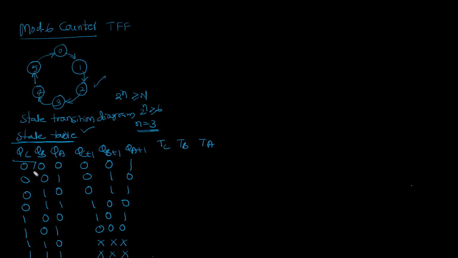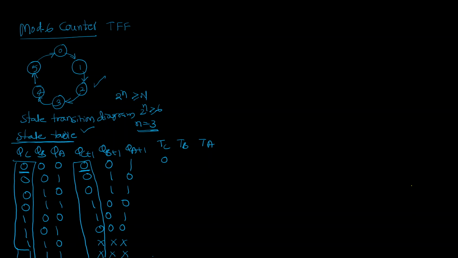I need to compare QC, the way we did earlier. QC, compare with QC plus 1. Then write TC. 0, 0. Is there any change? No change. Means TC is 0. You know the excitation table, right? Which excitation table?